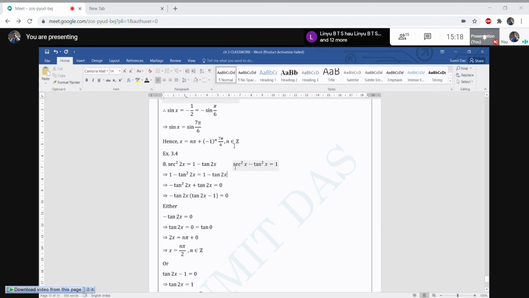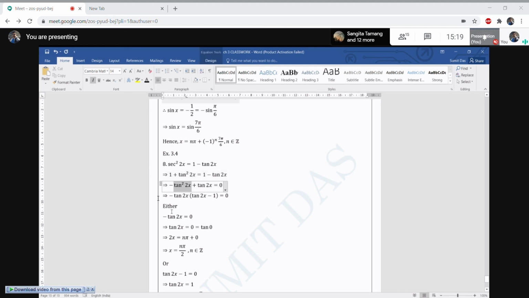Sec square x minus tan square x equal to 1, right? So sec square x equal to 1 plus tan square x. So I made one mistake. This will be 1 plus tan square x, and it will be 1 plus tan square 2x. Other parts I will explain later, but let me just correct something.